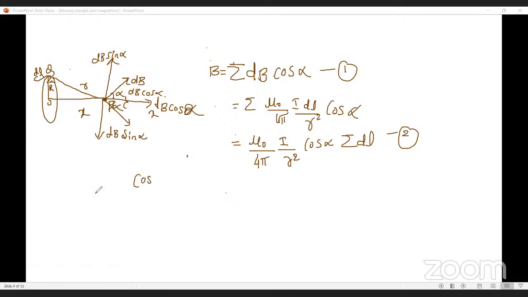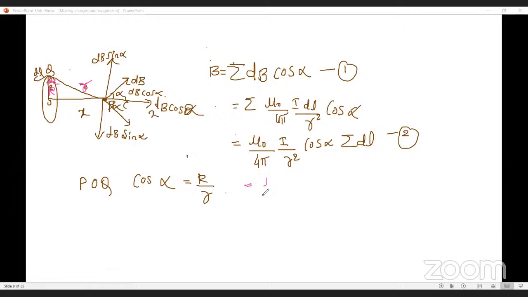From the figure, you can see POQ is a right angle triangle, as I said. So cos alpha becomes small r by, hypotenuse is R. From the right angle triangle POQ, cos alpha is r divided by R.